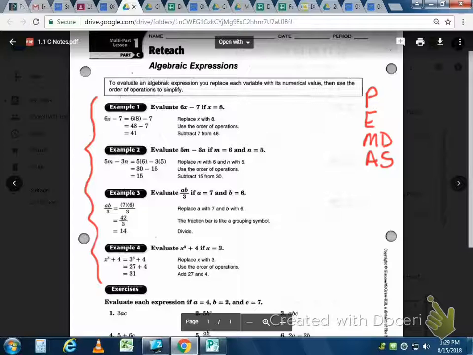Looking at example 1, it says evaluate. Evaluate means to solve it out. Evaluate 6x minus 7 if x equals 8. If you notice the steps here, it says replace the x with 8.